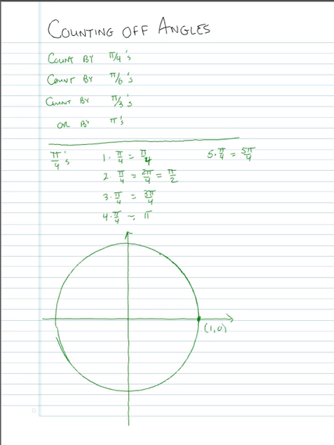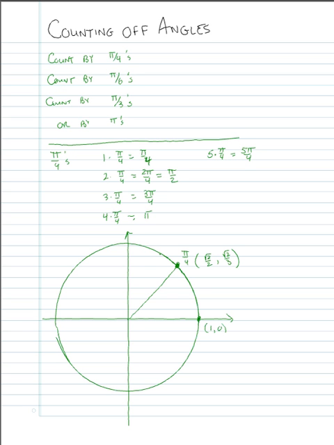Now, pi over 4 is roughly right here. There's pi over 4. And we know the coordinates of that point. That point has coordinates square root of 2 over 2, comma square root of 2 over 2. That's something that we've been working on. Now, this is pi over 4.